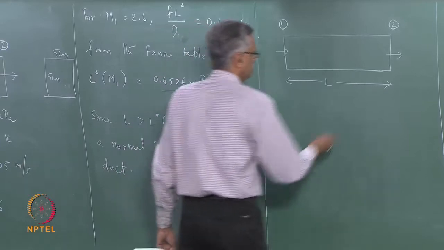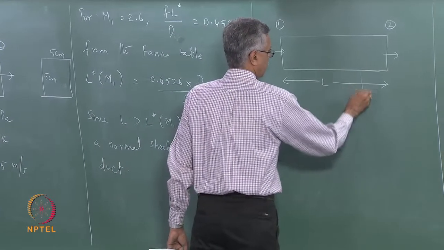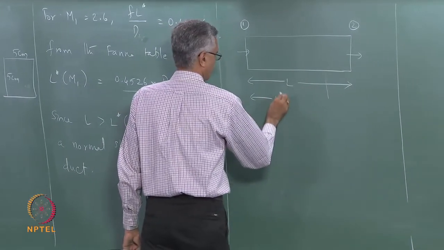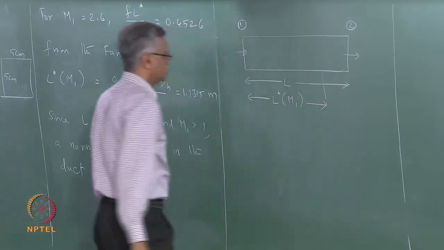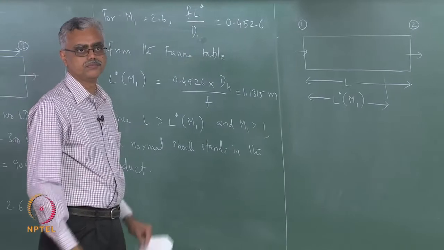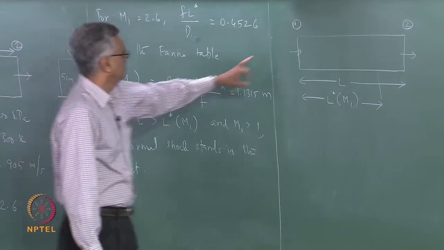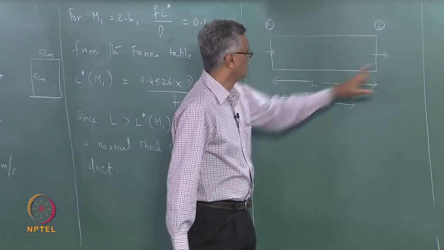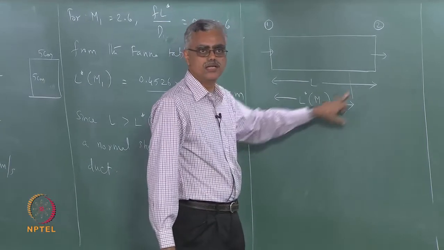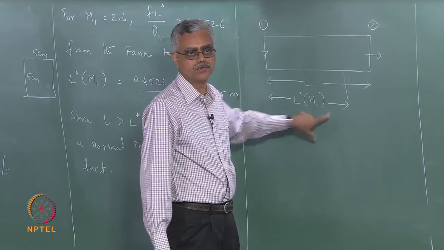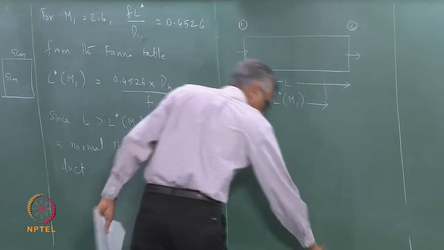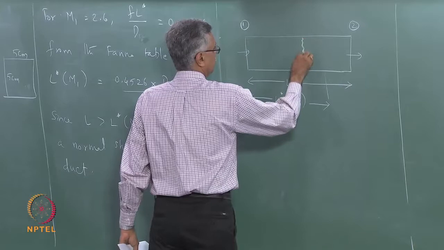Now, let us say this is L star corresponding to M1, right. Remember, L was, for this example, L was 2, but L star corresponding to M1 was less than L. So, let us say this is L star corresponding to M1. Okay. So, normal shock stands somewhere in the duct like this.